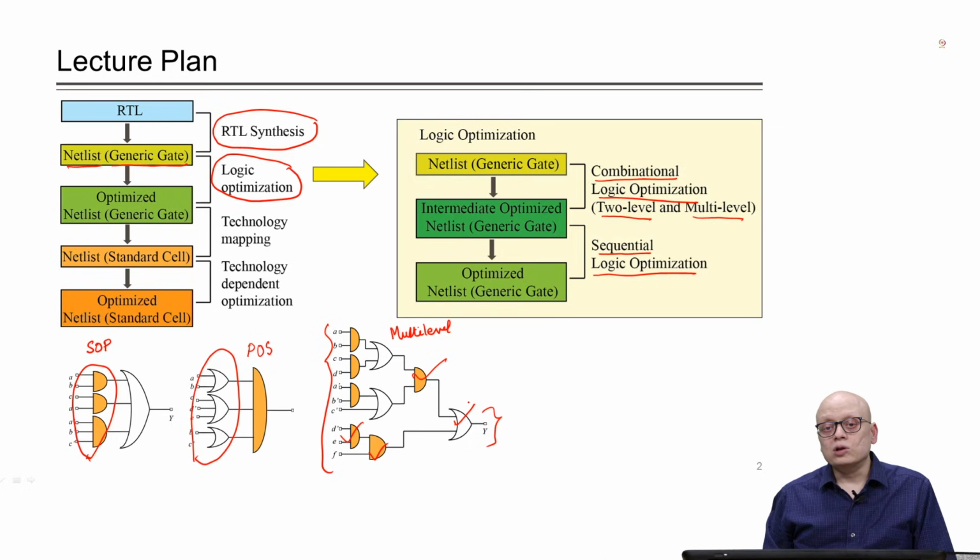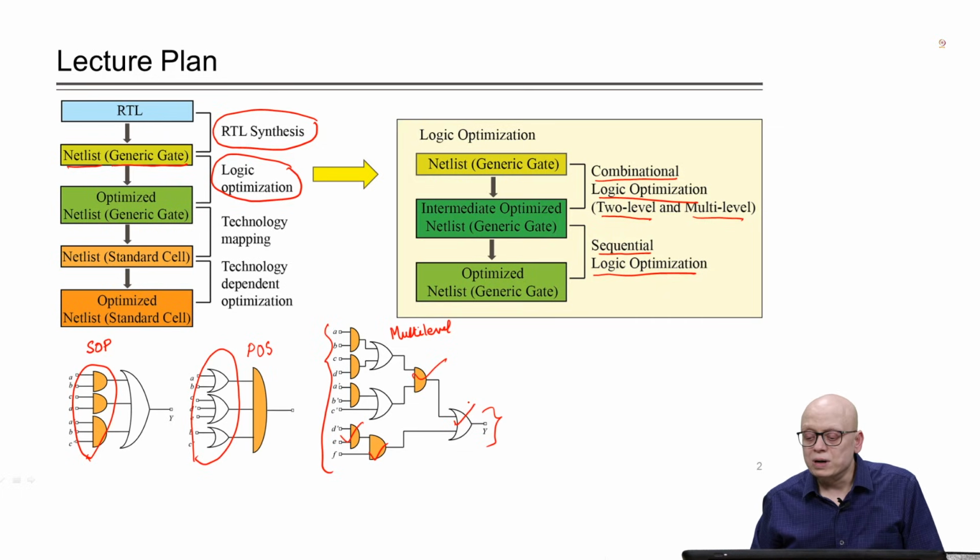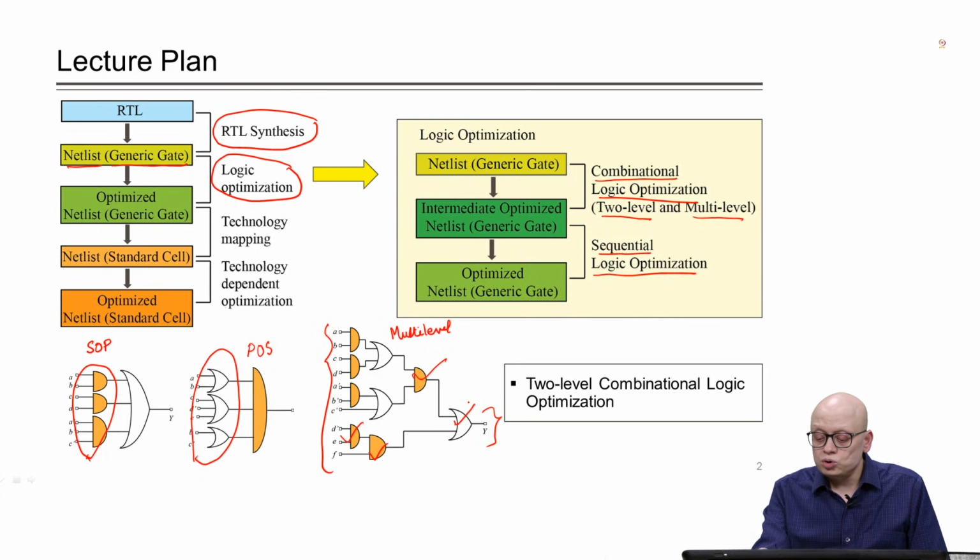Logic optimization which works on multiple levels of logic is known as multi-level logic optimization. In this lecture we will be looking into two-level combinational logic optimization, and in subsequent lectures we will look into multi-level logic optimization and also sequential logic optimization.